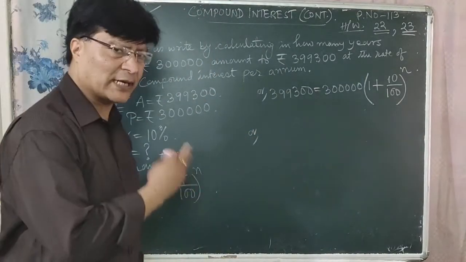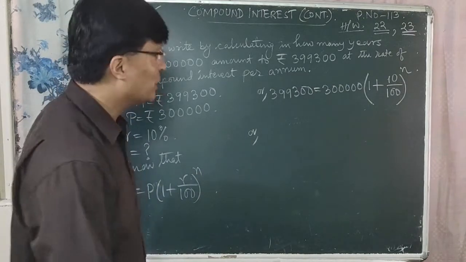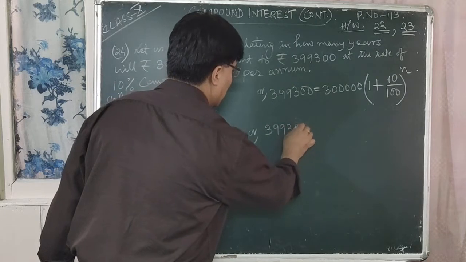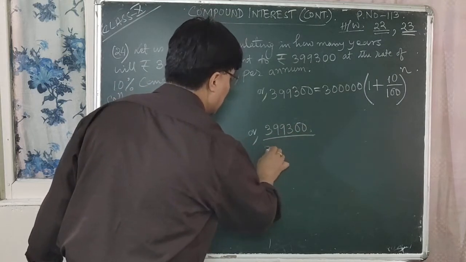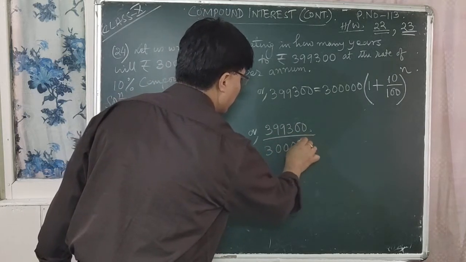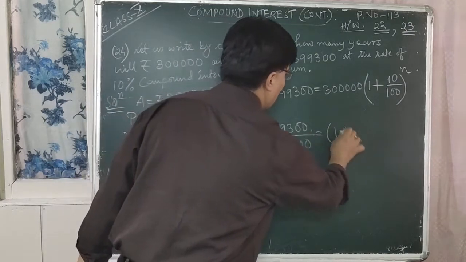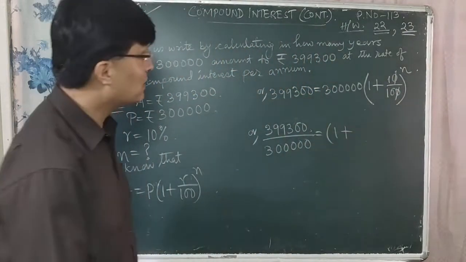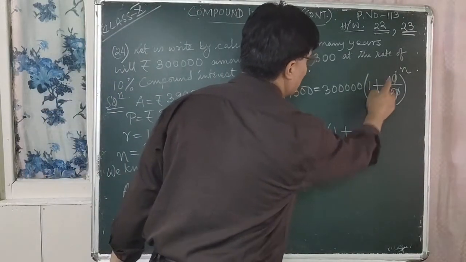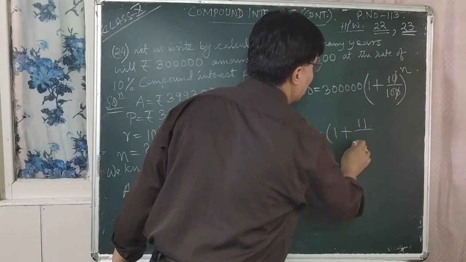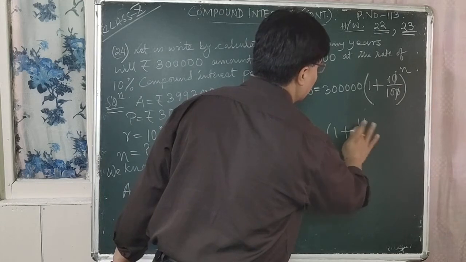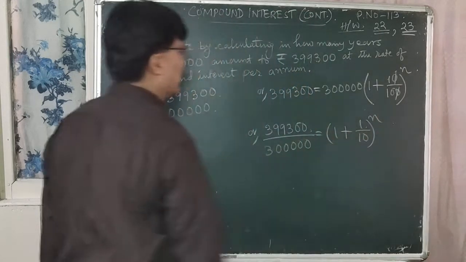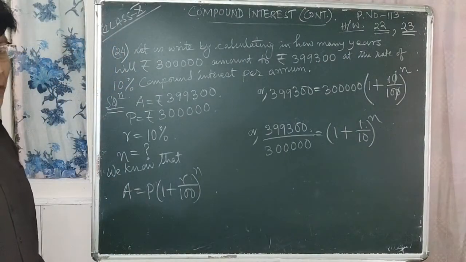Now 3 lakhs, take to the left hand side, it goes to the denominator on the left hand side, right? 3,99,300 divided by 3 and 5 zeros, which is equal to 1 plus, this 0 gets cancelled, right? So it is 1 plus 1 by 10 whole to the power n.